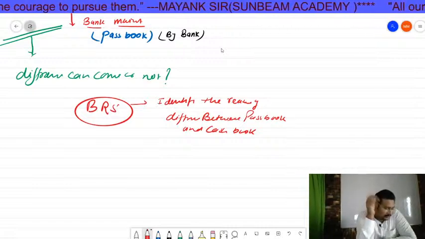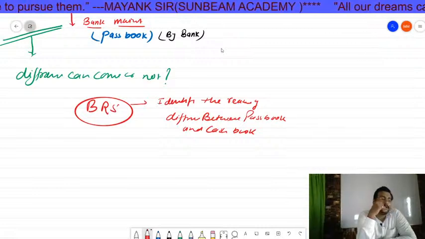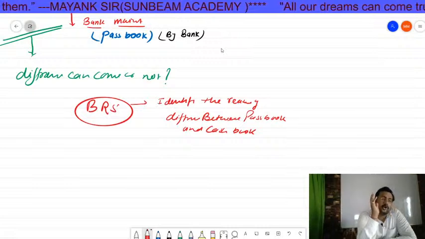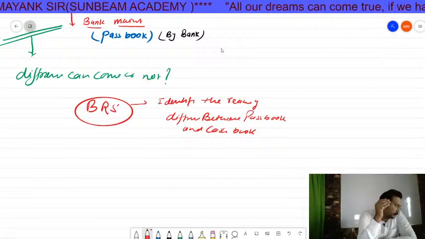Acha, you guys tell me any reason. If you have any idea, because I told you to please go and study the BRS. So tell me any reason how the differences between passbook and cash book can come.